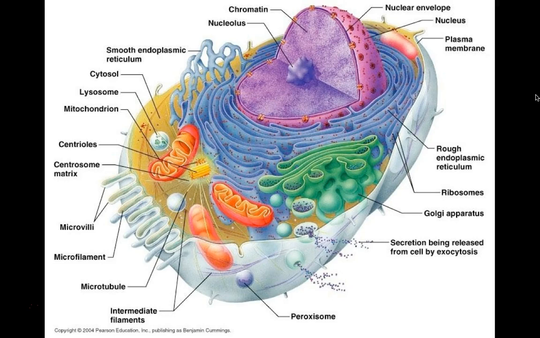Close to and associated with the function of the endoplasmic reticulum is what we call the Golgi apparatus. The Golgi apparatus is sort of a finishing school for all of the materials made inside of the cell, or at least most of the materials. We also would see these orangey structures that are labeled mitochondria.